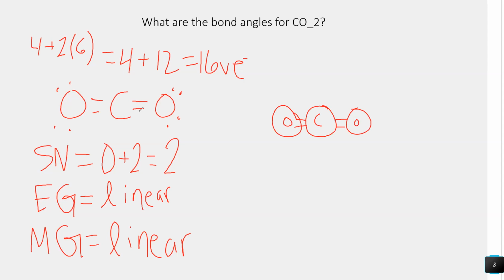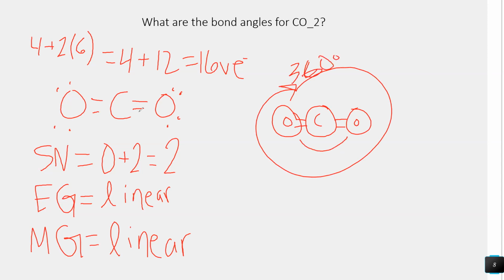And so we see that it's 360 degrees around, which means halfway around is 180 degrees. And since these bonds are straight, you can see that there are 180-degree bond angles.